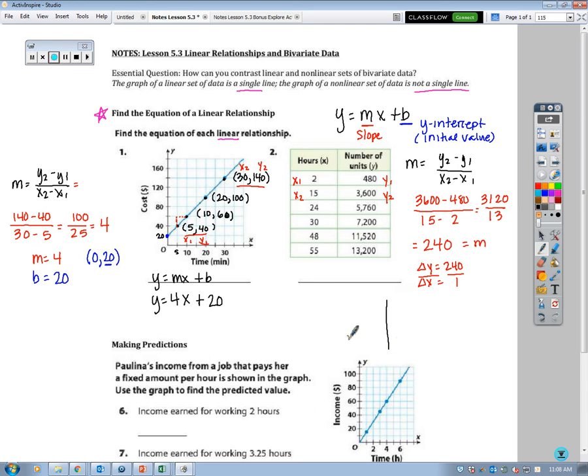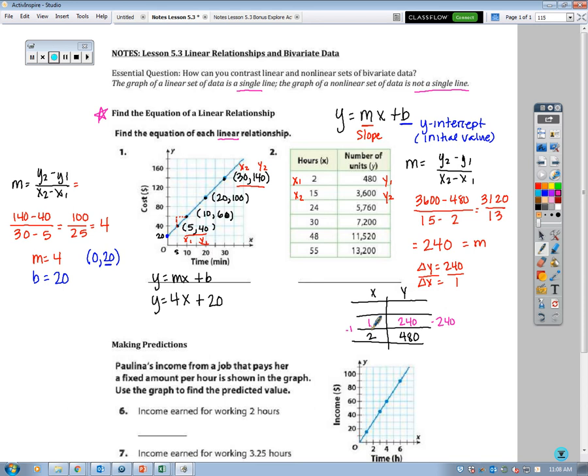So what I'm trying to do is get where x is 0 to figure out my y value, right? So if I've got 2 here and 480, my change in y is 240, so I can work backwards. And every time I subtract 240, I'm going to subtract 1 for my x.